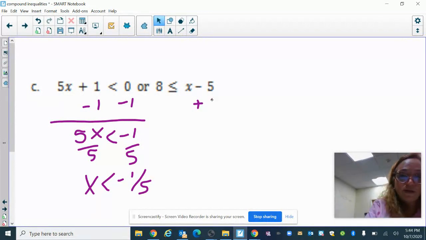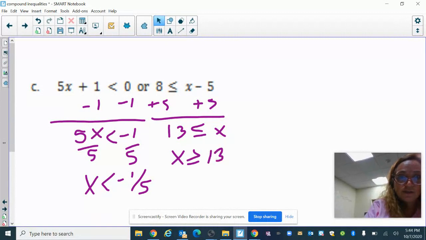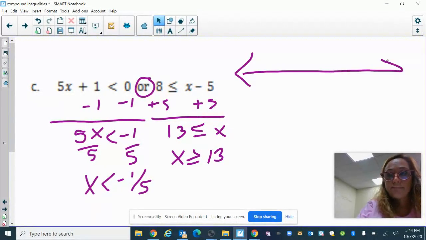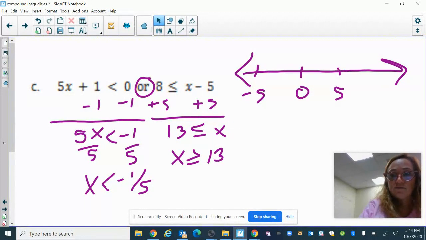Okay, so plus 5, plus 5. 13 is less than or equal to x, so x is greater than or equal to 13. This is an or. So let's say that this is -5, and then this is 0, and then this is 5, and then this is 10.